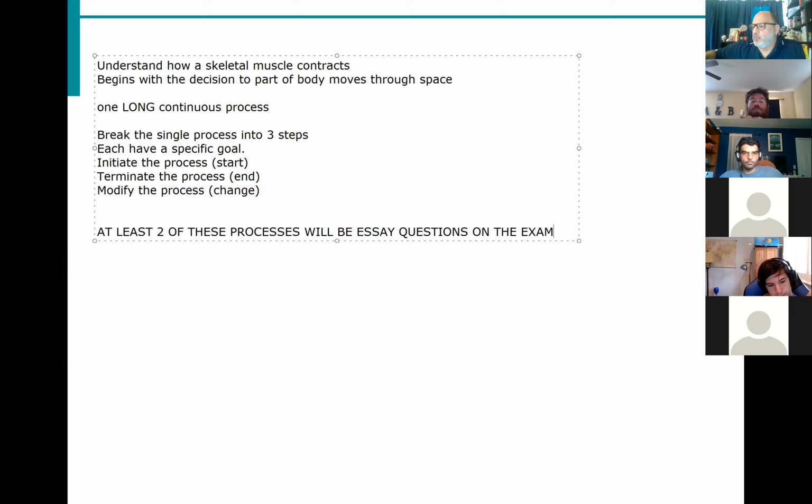Guarantee it with 100% certainty. So one of the things you're going to want to do over this 3-day weekend is not just to look at all of the anatomy that we've talked about, but also to start looking at some of these processes. Let's talk about these processes. Let's give names to these things.